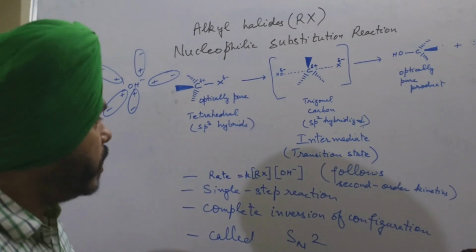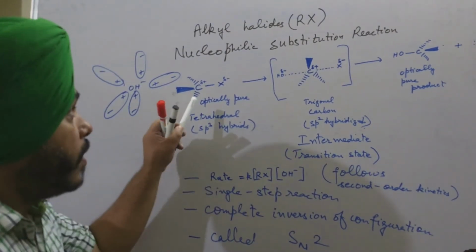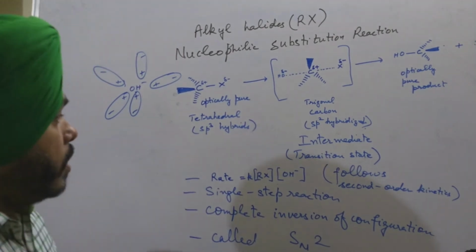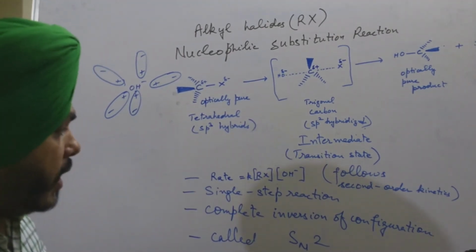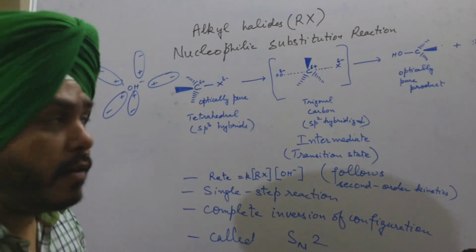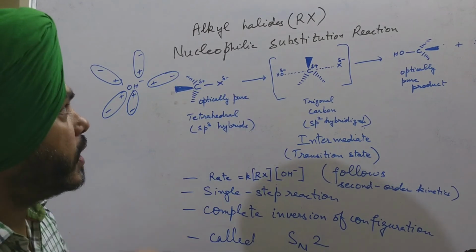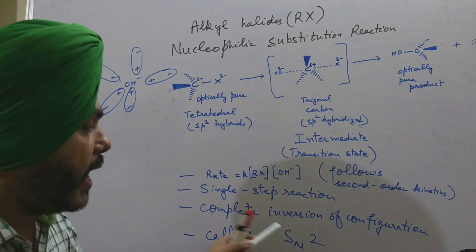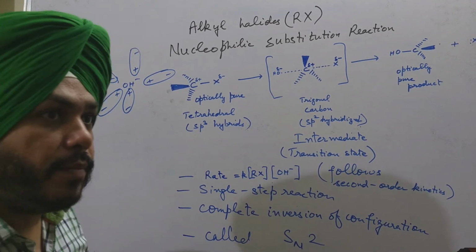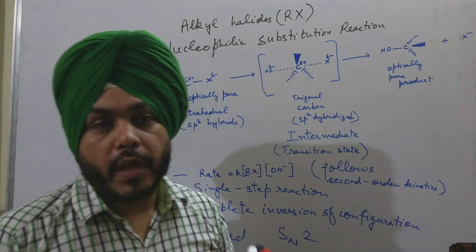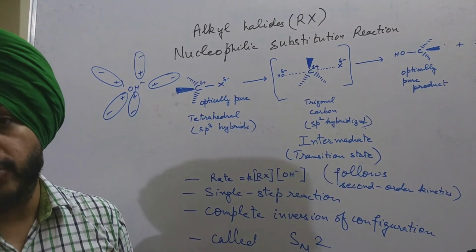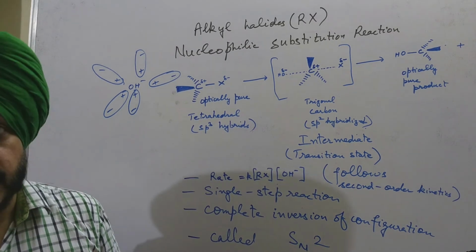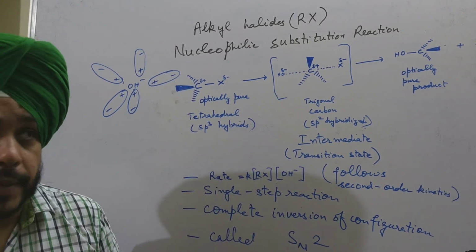So this is one of the characteristics if the substrate is optically pure. These are the things which are there in the nucleophilic substitution reaction for one of its mechanisms, which is called SN2. The other mechanism, of course, is unimolecular substitution, which is called SN1, but that I have left for some other day.